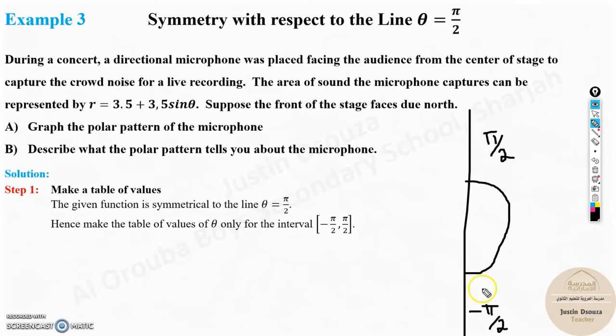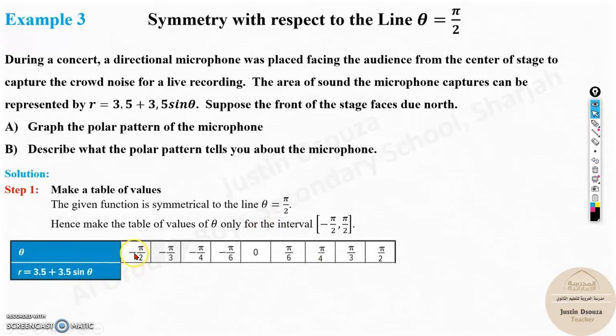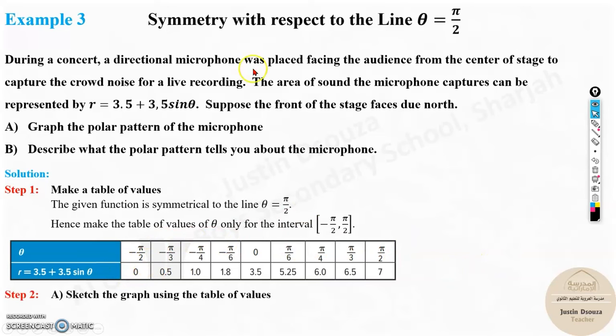You can also take it as 3 pi by 2, which is 270 degrees, or from here it is minus 90 degrees to positive 90 degrees. Take some interval, put these values over here in degrees, solve, and you'll get these answers, and then sketch the graph.